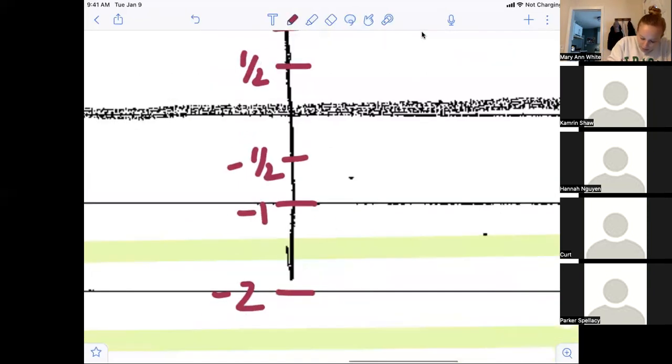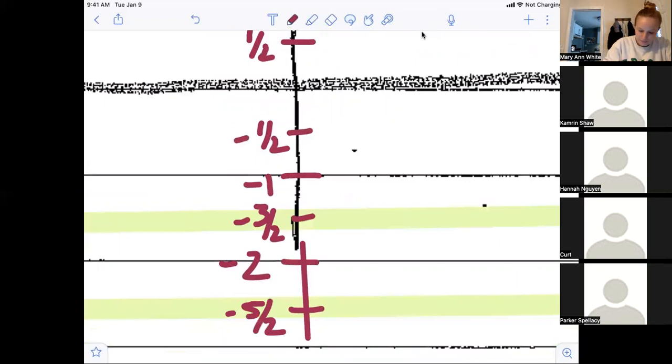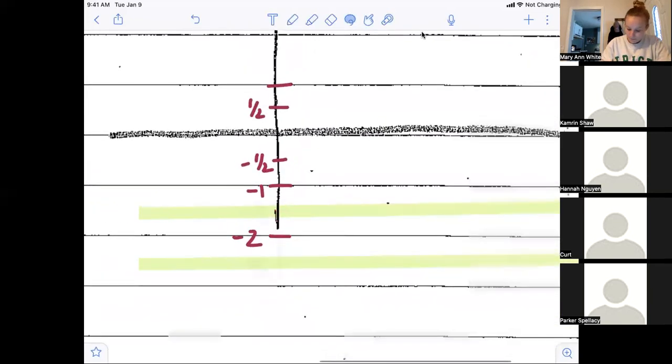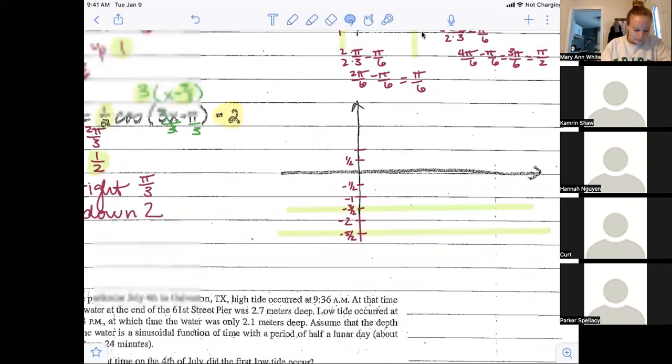So technically this point is -1.5 or -3/2, if I'm going to keep pushing the fractions. And then this last point's at -2.5, which is -5/2. And again, you can label your graph however you want. You can make it as big or small as you want. I need it big enough so I can at least see the picture.